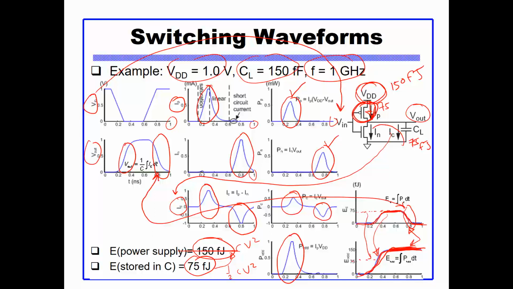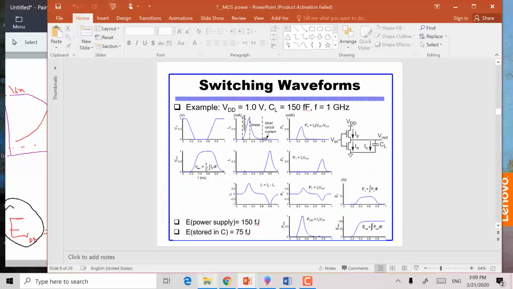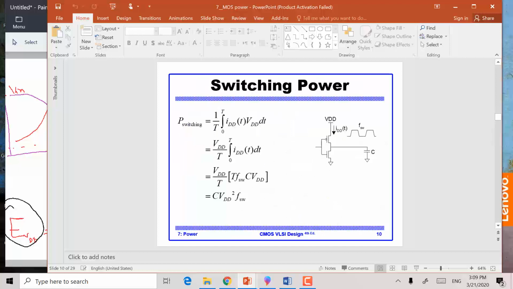And then when we discharge the capacitor, when the input changes, we will discharge those 75 femtojoules as heat in the NMOS device. Okay? So this is basically the switching power.